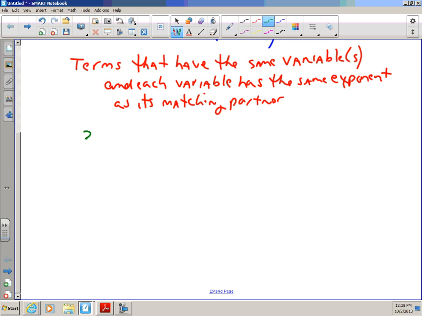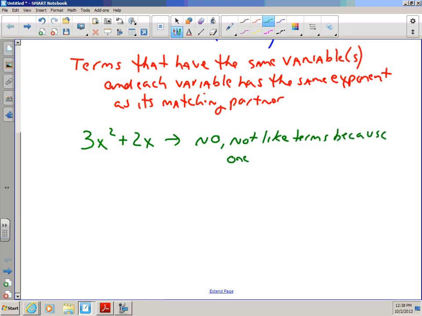Well, similar to what I did here, 3x squared plus 2x, these are not like terms, not only because of what I showed before with factoring out the x and what's left over. What we just simply see is that no, they are not like terms because one x is squared and the other is not.